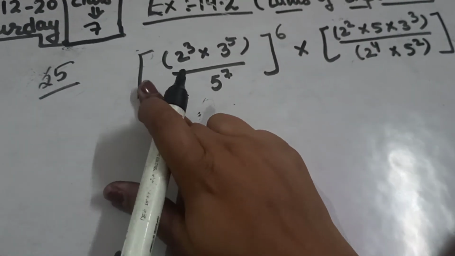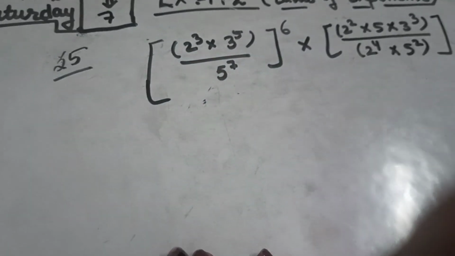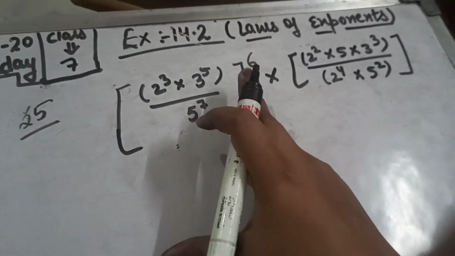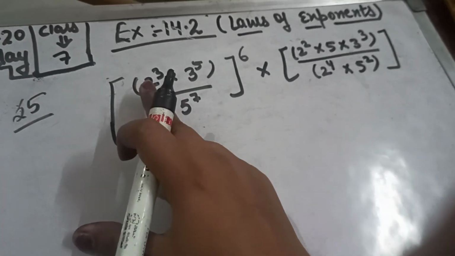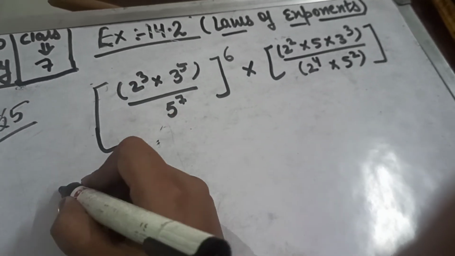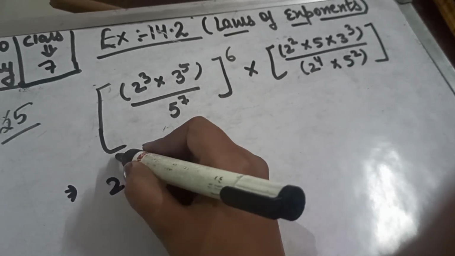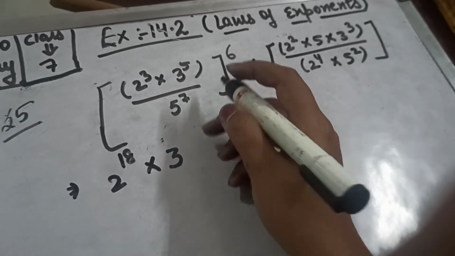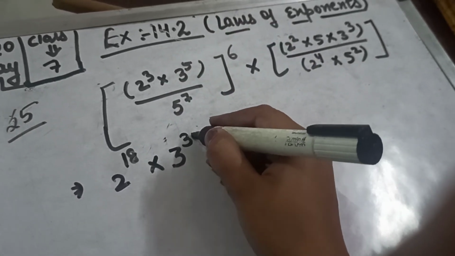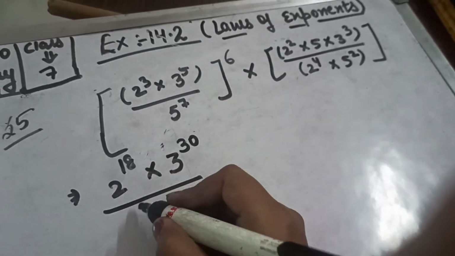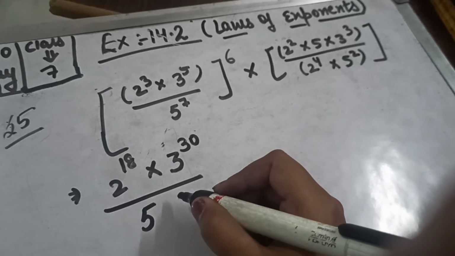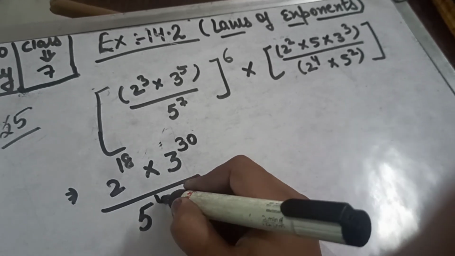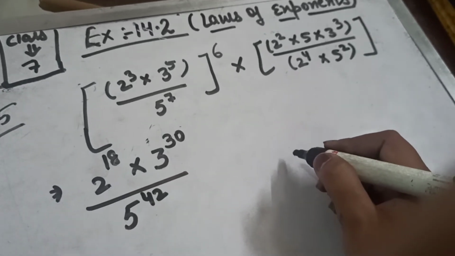Now here, firstly, with this power 6 we will multiply all. 2 the power 6 3s are 18, multiply 3 the power 5 6s are 30, 5 to the power 7 6s are 42. Clear?